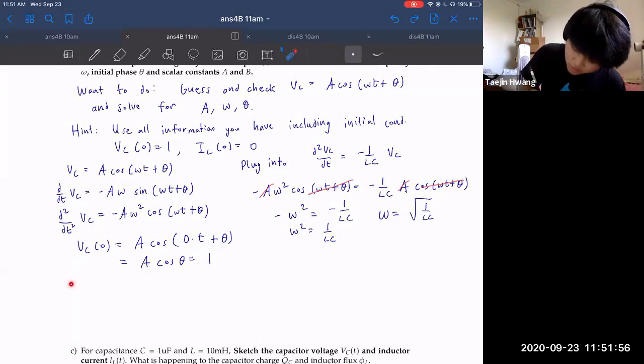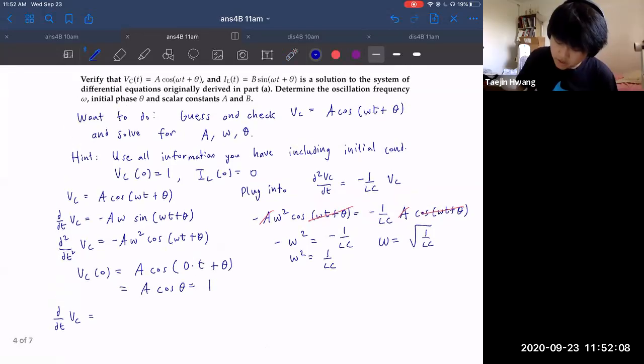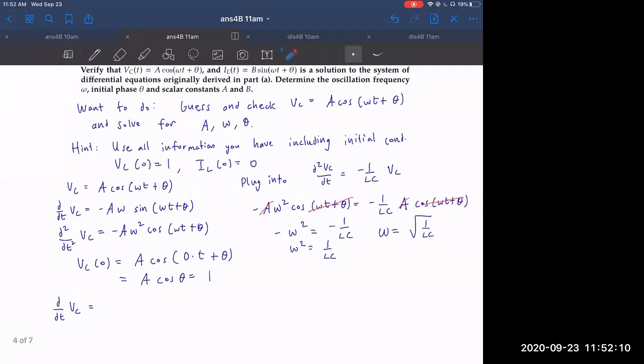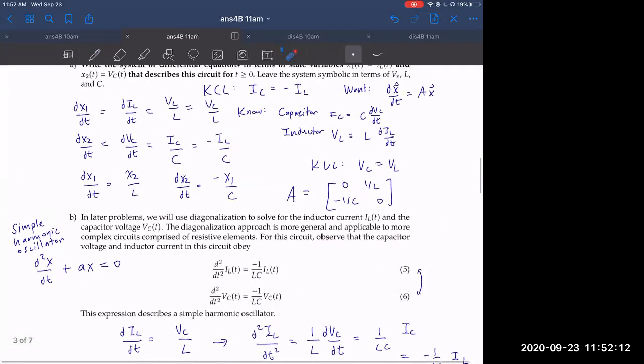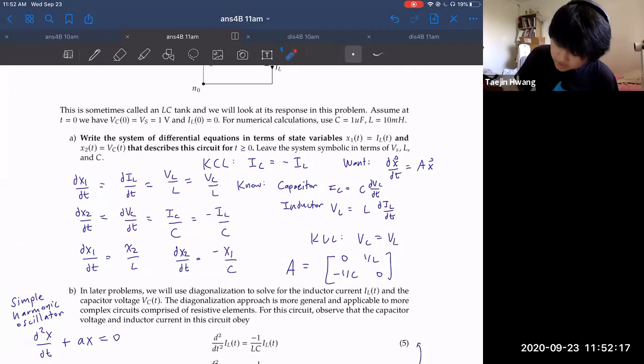So the way we're going to do this is we're going to take the derivative. We already know what its derivative is. We had the equation we did in part A, where you said that dVC dt was negative IL over C. Exactly, yeah. And that's what I was trying to get at as well.